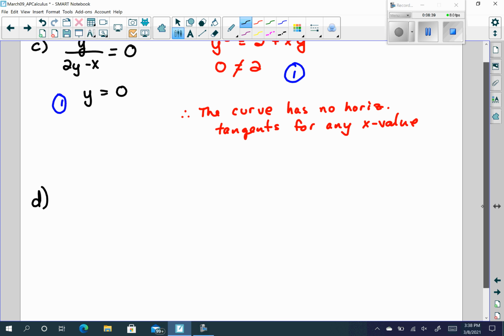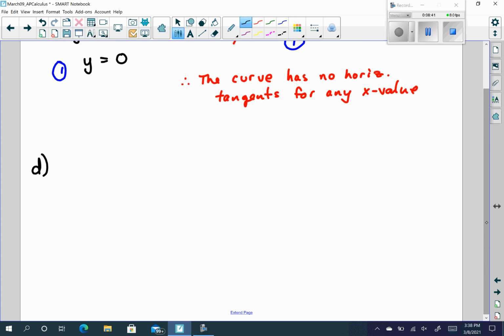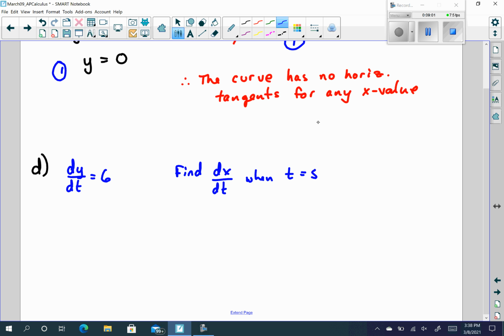So let's break everything down other than having a picture here. We know we have our equation. We know that dy over dt is equal to 6. We want to find dx over dt when t is equal to 5.